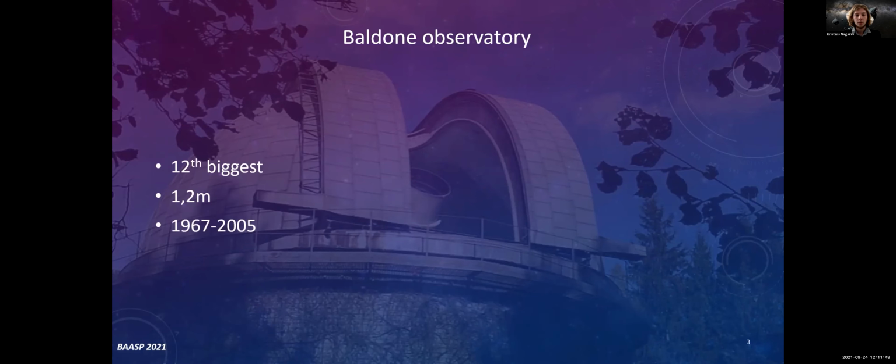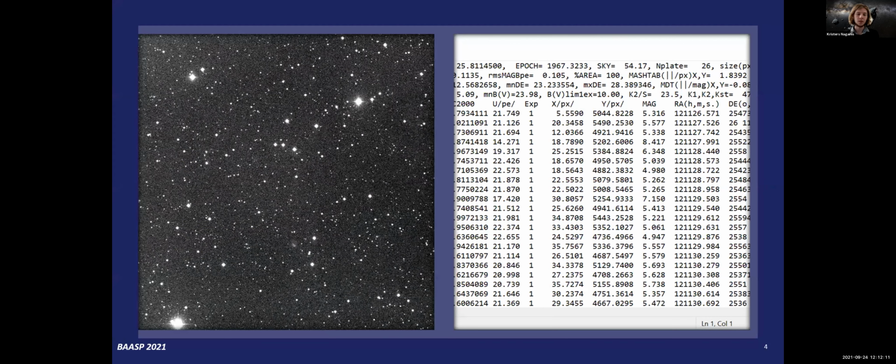And from 1967, from 2000 to 2005, made more than 25,000 sky scans. So that's a lot of data, and that is exactly what I need, because I'm gonna search for asteroids in other databases.